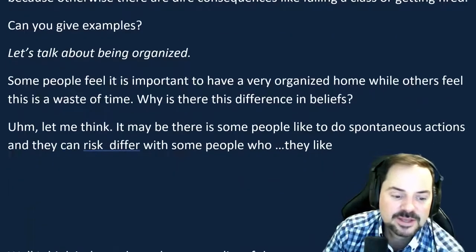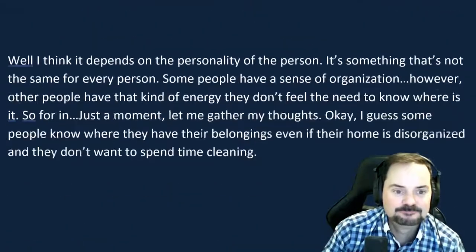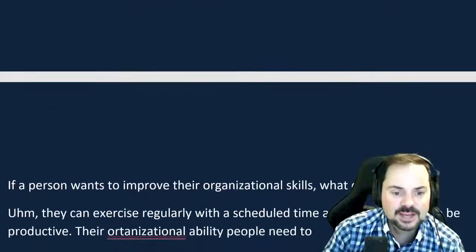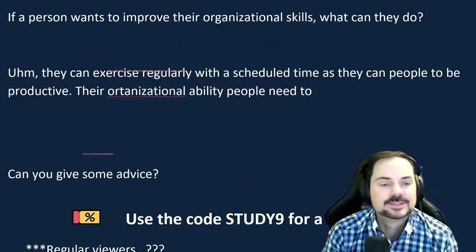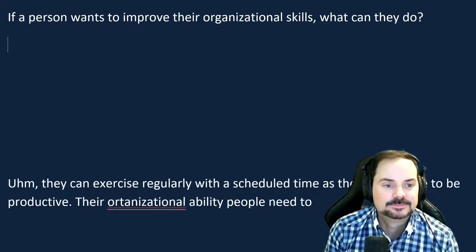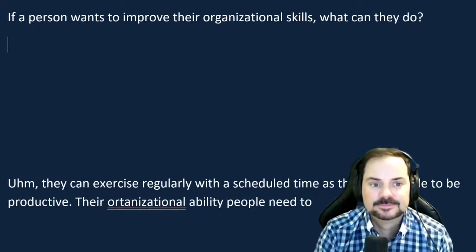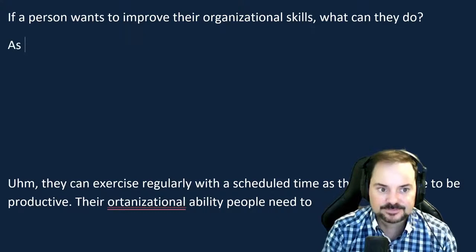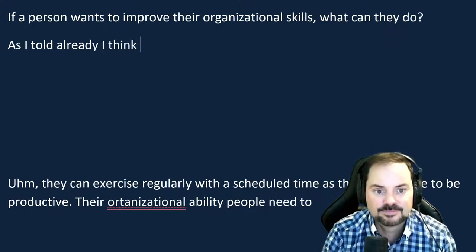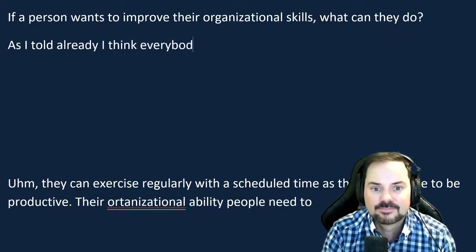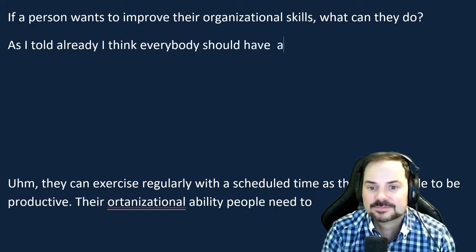Let's talk about being organized. If a person wants to improve their organizational skills, what can they do? As I said already, I do think that everybody should have a to-do list. And it's very easy, in my view, to make it in an Excel file and to put some priorities.